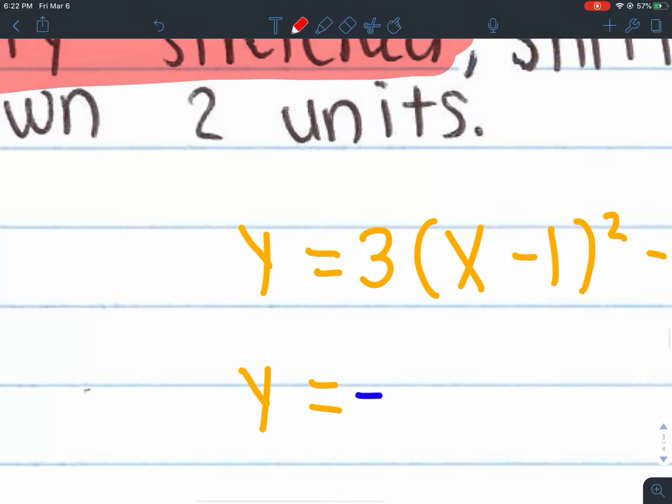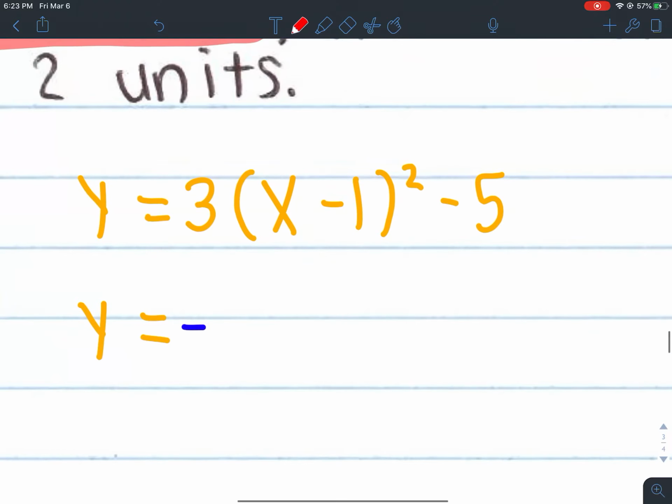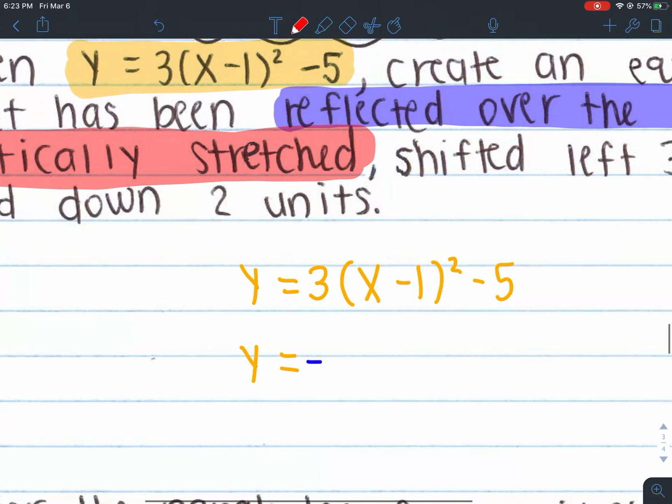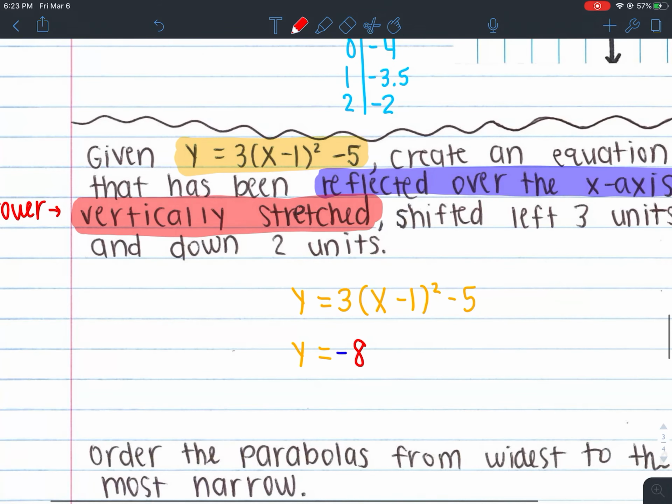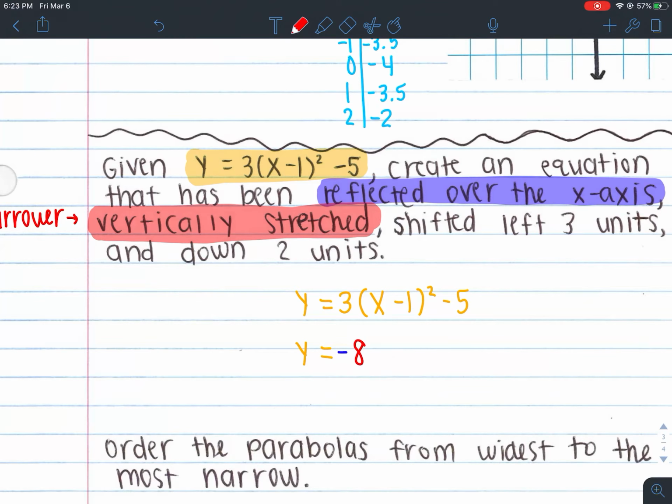Well, what is my a value currently? It is 3. If I want to stretch it and make it even more narrow, I have to pick a number even bigger than 3. I can pick 5, I can pick 7, I can pick 1,000 if I wanted to. Let's just pick 8. So I'm vertically stretching it, so I'm picking a number bigger than 3.